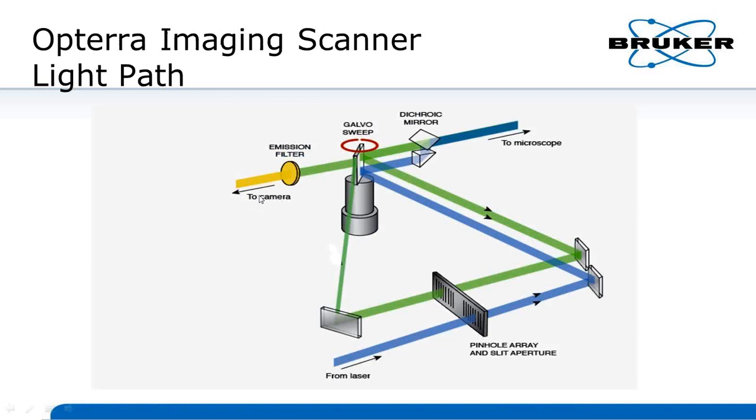This just shows more of a schematic of the light path. As in the other diagram, the blue line shows the excitation path. You can see it passing through the excitation aperture, being reflected off the galvanometer here, which is scanning back and forth, and reflected off a polarizing beam combiner.